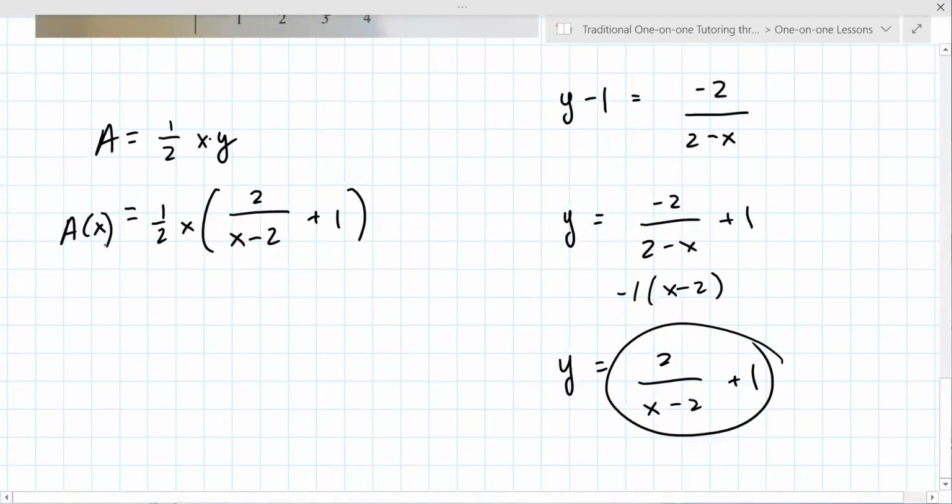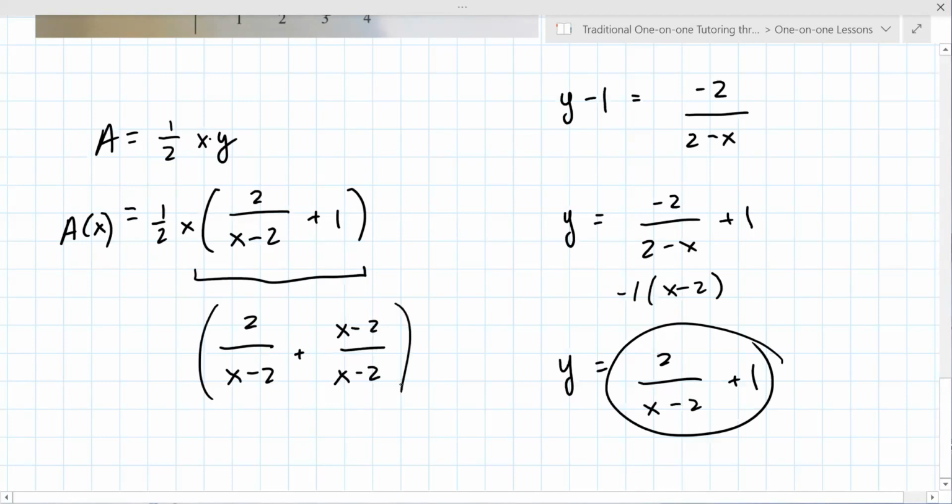You can clean that up a little bit, but I don't know if it's necessary for you to do that, but that is possible. Some of the solutions I'm seeing here actually simplify this, so let me show you that in case your instructor expects you to see this. This 1 can be x minus 2 over x minus 2.